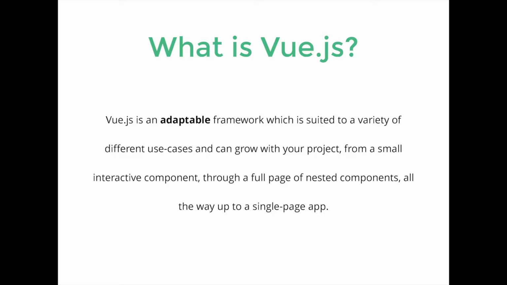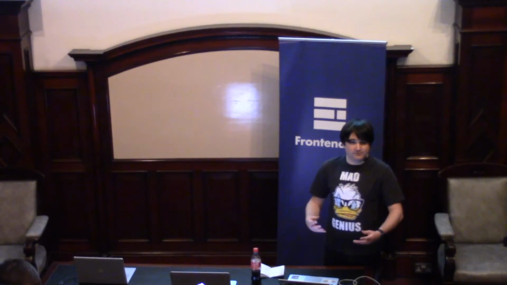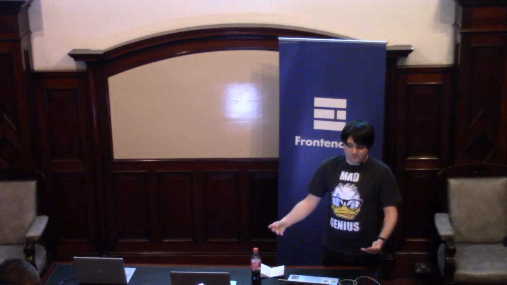And like I said before, it can grow with your project from having one small interactive component on a page through to having a full page of nested components, maybe independent from each other or maybe interacting with each other. And you can use the same style of component all the way up to building a single page app.